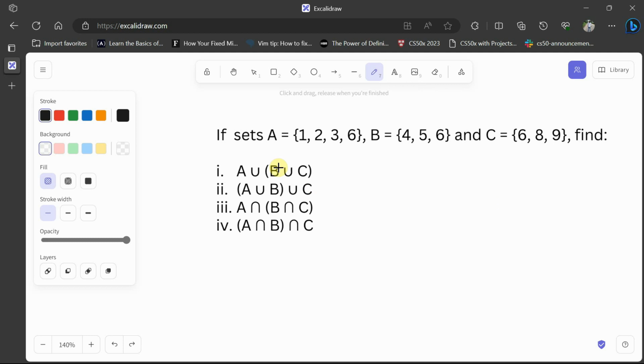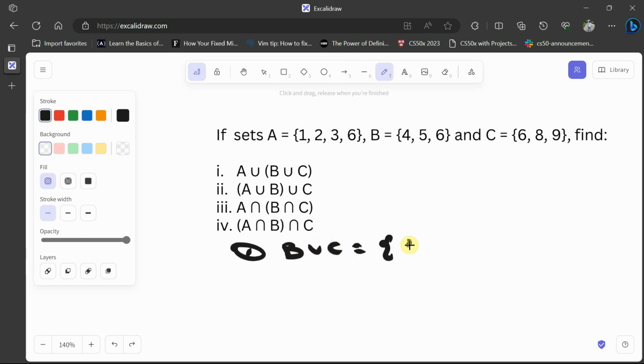So let's solve this. For this first one, remember from BODMAS, I have to do B union C first. If I do B union C, that is going to give me 4, 5, 6, 8, 9. Great. So if I now do A union this particular set, what would that give me?